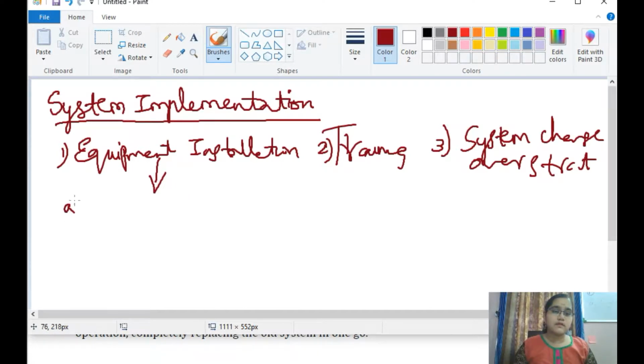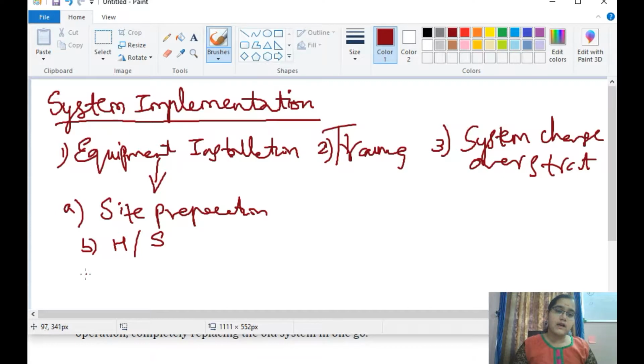Equipment installation again has 3 parts: first, site preparation; second, installation of hardware and software; and third, equipment checkout. Training of the system personnel has no other bifurcation in it.